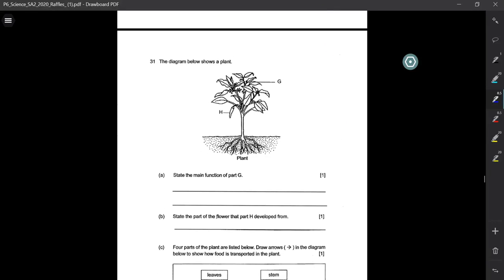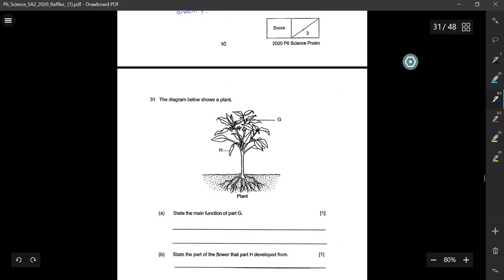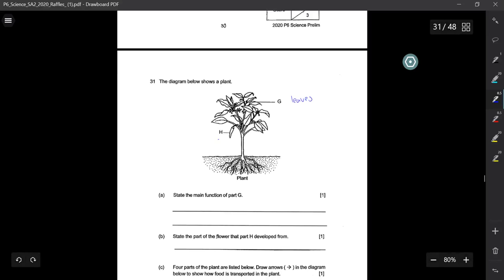Question 31. The diagram below shows the plant. And then A, state the main function of part G. So as I've said before, when you have diagrams like this, it's really good to label. So part G are the leaves. And this looks like fruit.